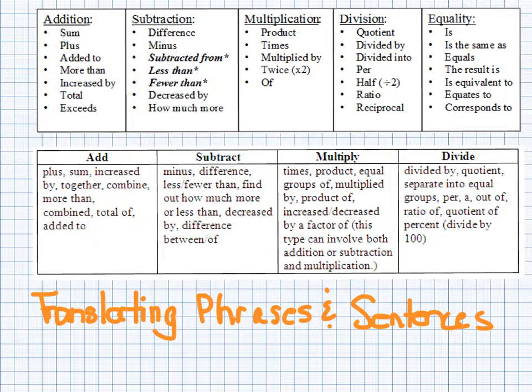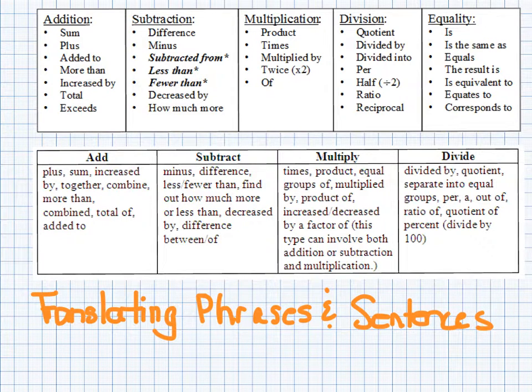This is something you really got to commit to memory at this point, or algebra is going to be really hard. If something is asking us to use addition, they're going to use words like sum, plus, added to, more than, increased by, total, or exceeds. Those things mean we're going to add something together.